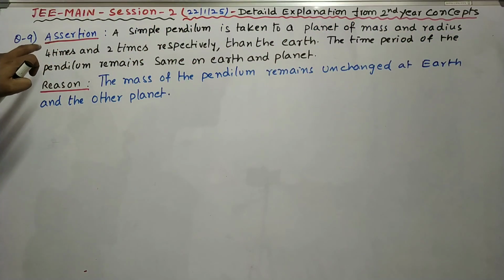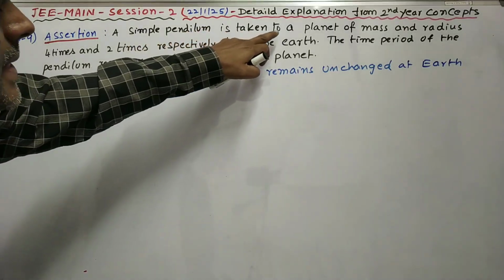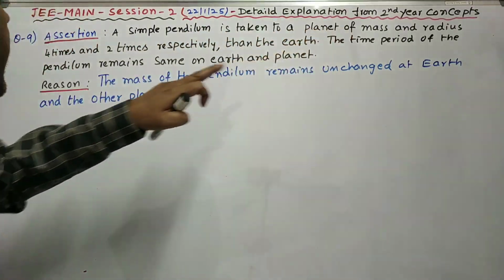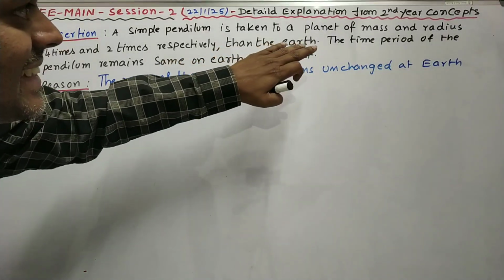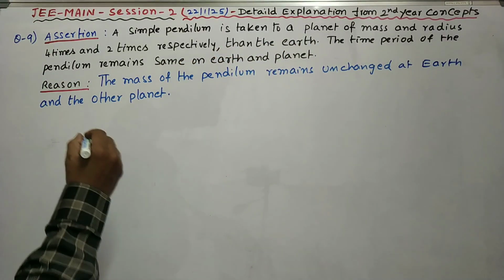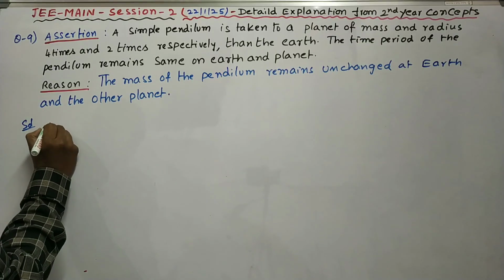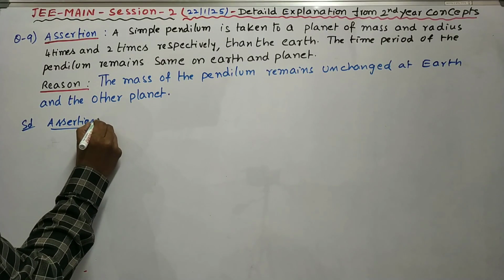The ninth question, assertion and reason type. Assertion: a simple pendulum is taken to a planet of mass and radius 4 times and 2 times respectively than the Earth. The time period of the pendulum remains the same on Earth and the planet. To see whether this statement is correct or not, we can discuss.